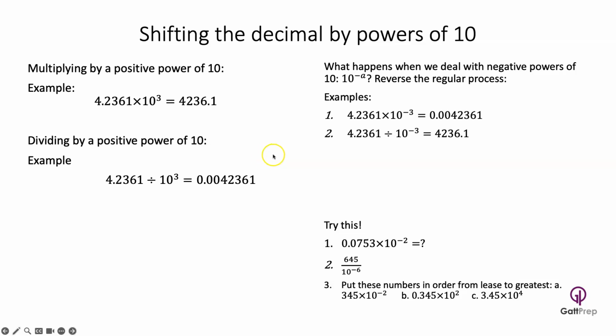So here we turn attention to shifting the decimal by powers of 10. Place values continually decrease from left to right, or increase from right to left, by powers of 10. Understanding this can help you manipulate the following shortcuts for multiplication and division.